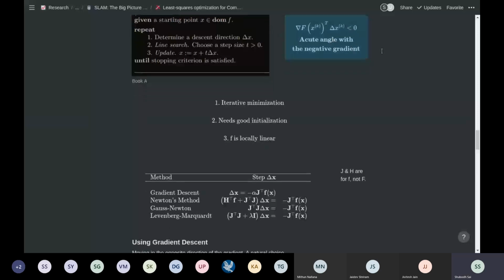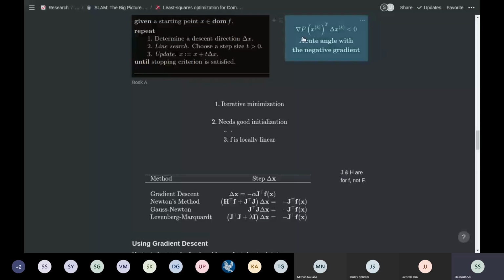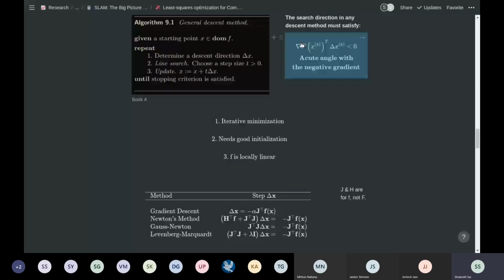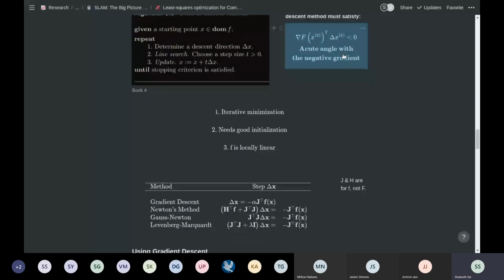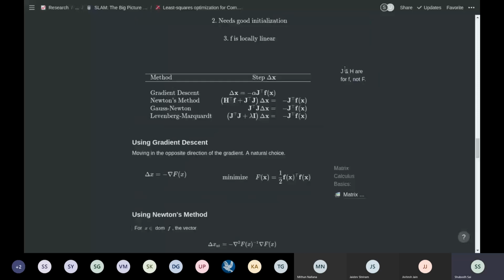It's always less than 0. Here it is gradient of f transpose into gradient of f, negative of that. So it will be the norm square, which is always positive, but you have a negative sign outside, so it will always be less than 0. So that is the most natural choice that you can think of, gradient descent. That will be one of the choices for delta x.